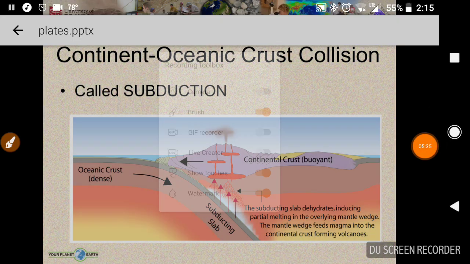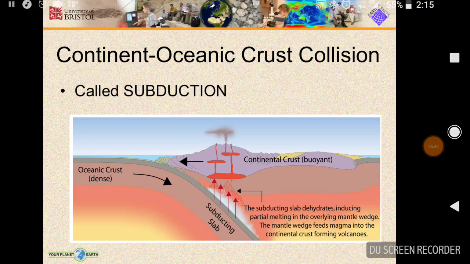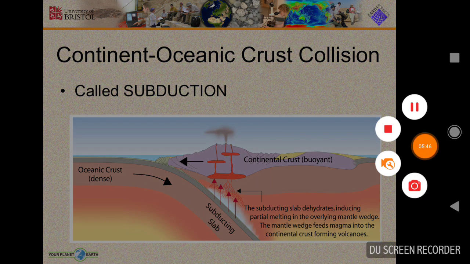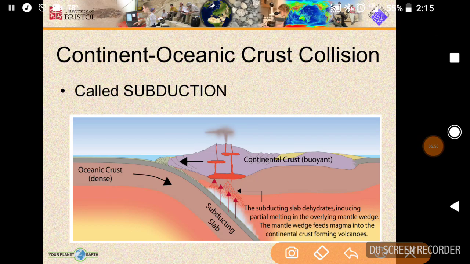Alright, let's turn that off. Again, this is continent and oceanic crust. The reason being is because... Alright, go back to the brush. More... wait.